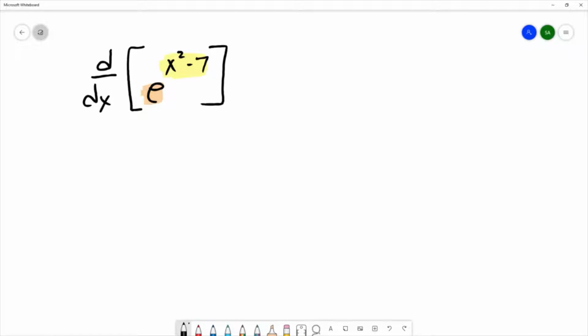So when we calculate the derivative, we're going to follow the derivative rule for the outside function, and that is that the derivative of e to the x is e to the x. So the derivative rule for the outside function means that it's going to stay the same.